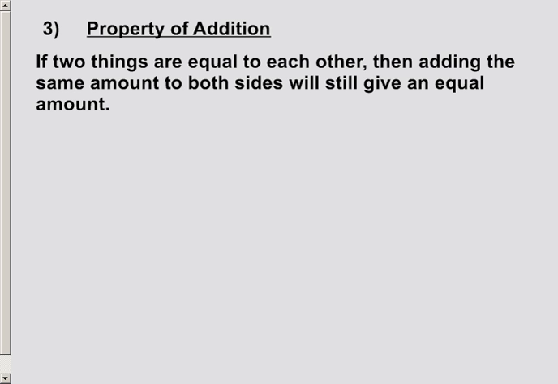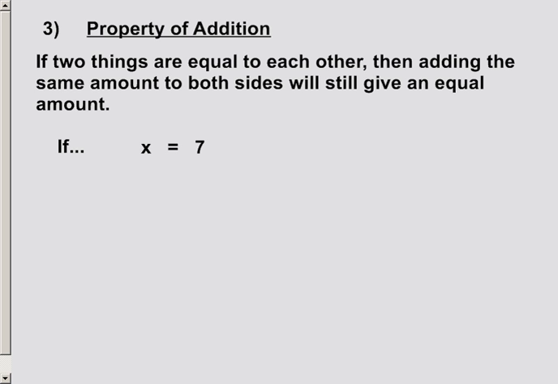But then if you take some amount in both of your hands, the exact same amount in both hands, and set it simultaneously on both sides of the balance scale, well, the balance scale does not tip one way or the other. You have started off with equal amounts, then added an equal amount to both sides, and you still have an equal amount. That's what the property of addition basically states.